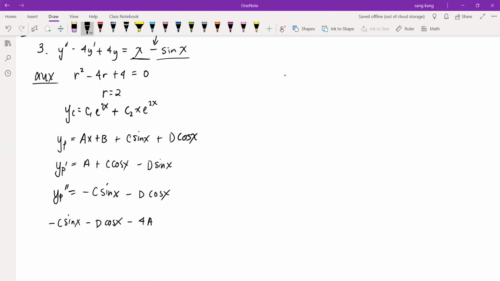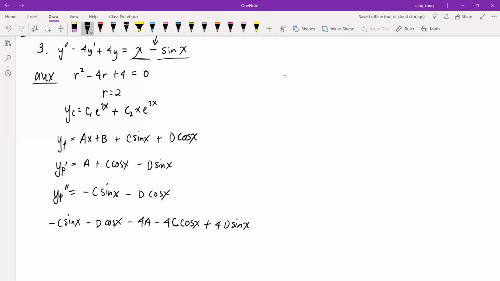Oh, wait, I'm multiplying the wrong one here. Should be y prime. Okay, so minus 4 times y prime is going to be minus 4a minus 4c cos x minus 4d sine x. Sorry, this should be plus.